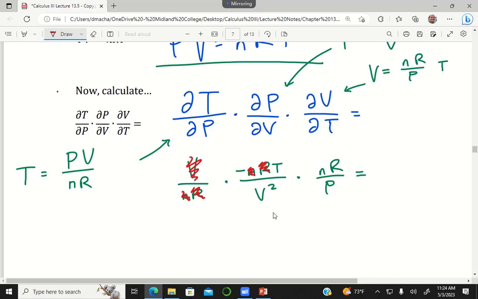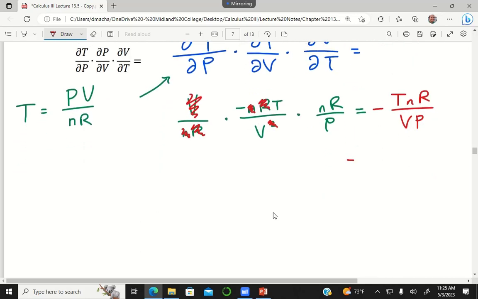A V in the numerator, a V in the denominator. And then I can't cancel anything out yet, so for the moment I can just write negative nRT over PV.